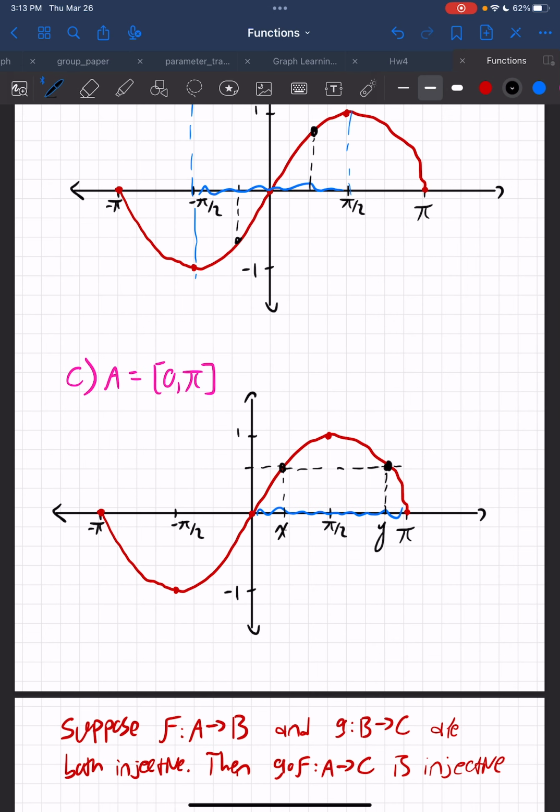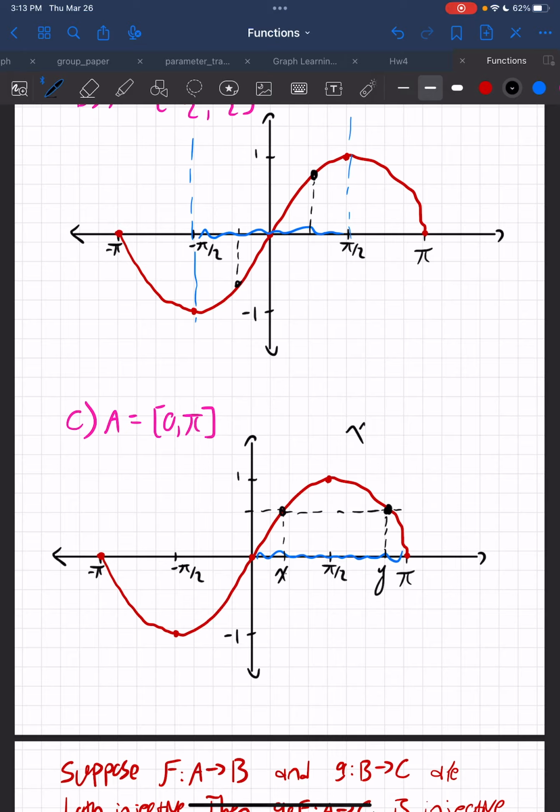Well, clearly x is not equal to y, but sine of x is equal to sine of y, right? So here, if we translate that into some sort of logical expression, we have x not equal to y and f of x equals f of y. But this is just the negation of x equals y implies f of x.